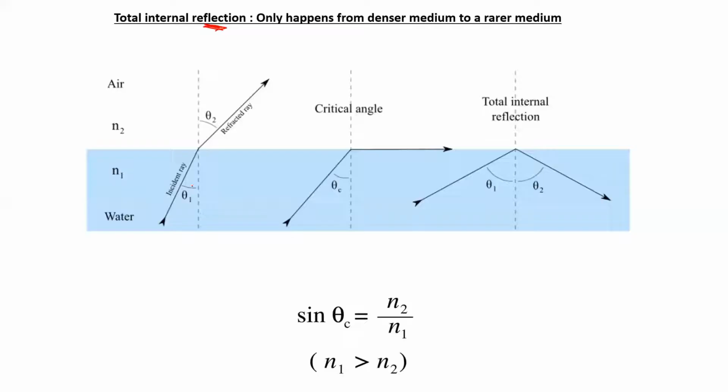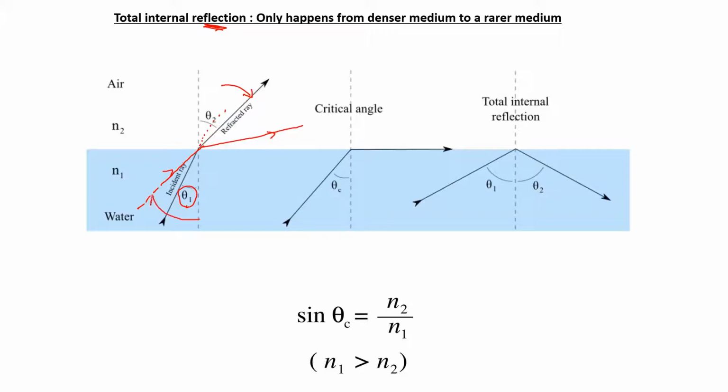So you all know what happens, right? So when it goes from a denser to a rarer medium, it deviates this way. It goes away from the surface normal, right? So when you keep on increasing your incident angle, if I keep on increasing this, this angle also keeps on going this way, right?